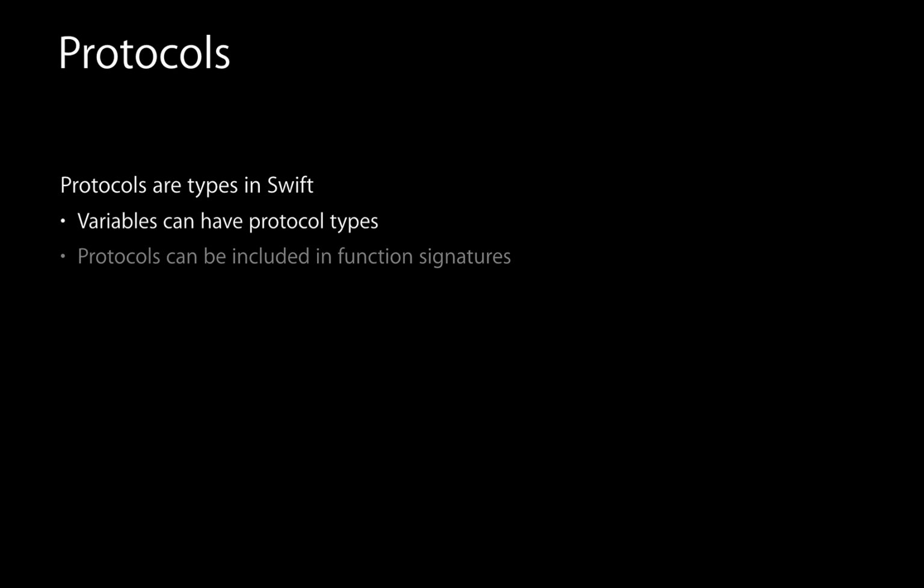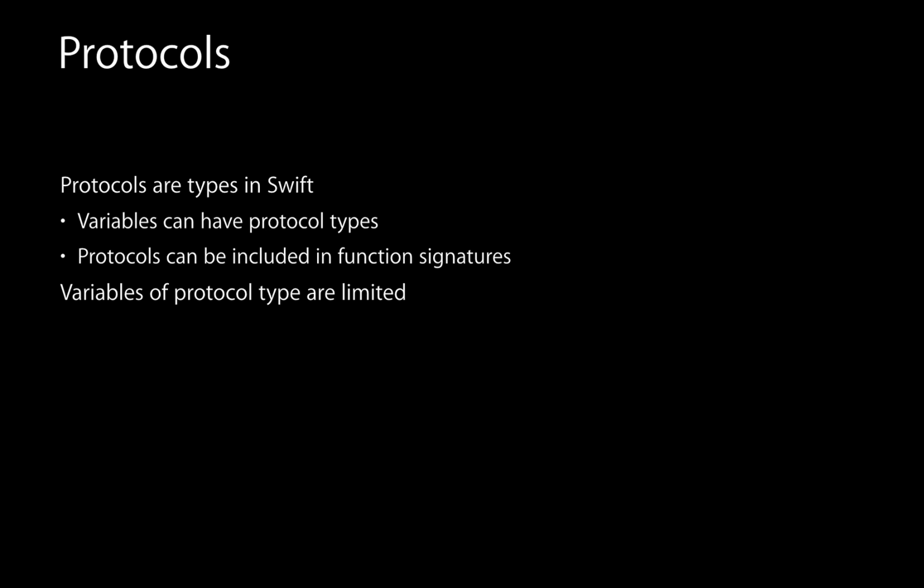Similar things apply to protocols. In Swift, protocols are types. That means a number of things. Among them, it means that I can declare my variables as of some protocol type. It means that I can declare functions taking arguments of protocol type or returning objects of protocol type.